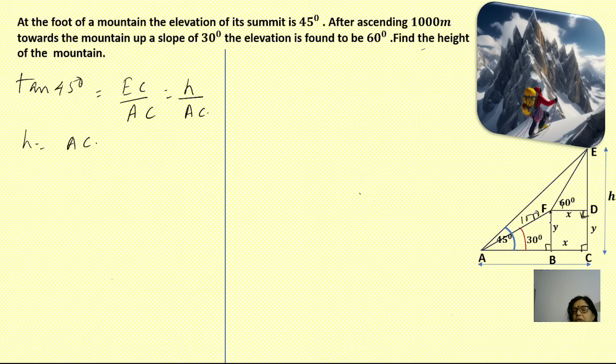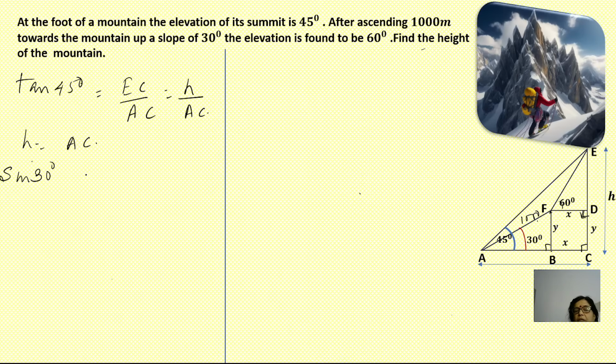Now we take this triangle ABF. In this triangle ABF, this angle is 30 degrees, and the vertical distance FB is Y meters. AB is not known. So now you need to pay attention to this particular triangle. This distance AF is given as 1000 meters. So instead of taking tan 30, we will take sine 30.